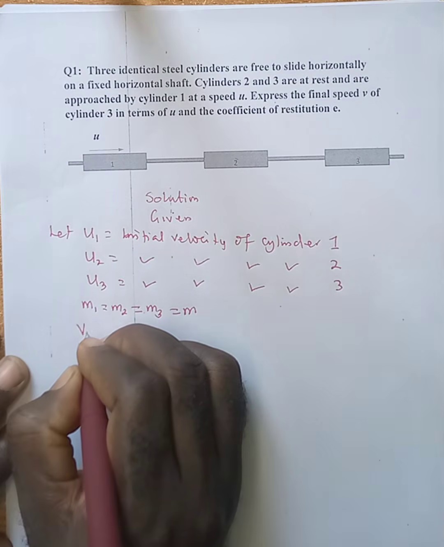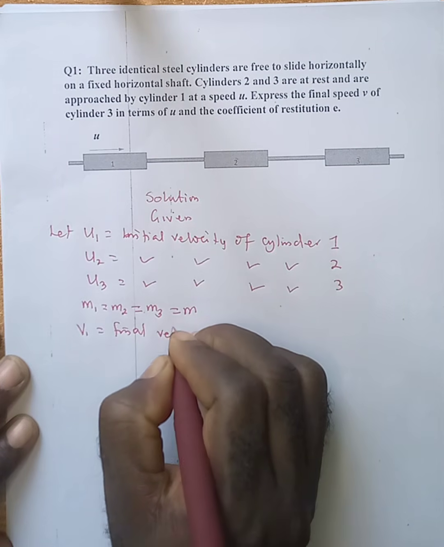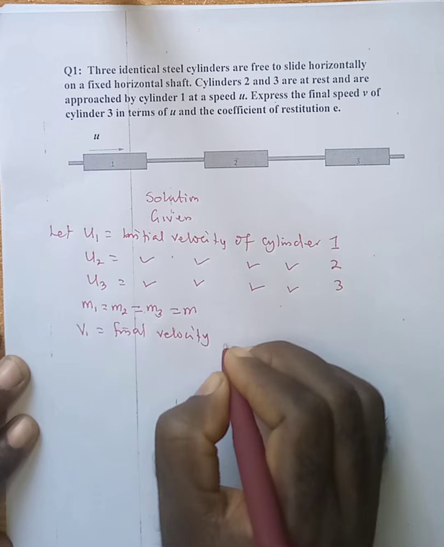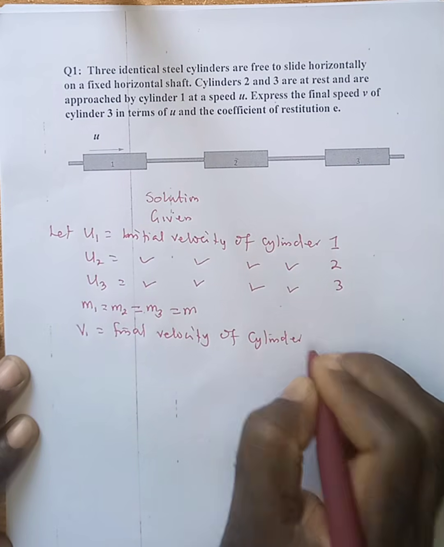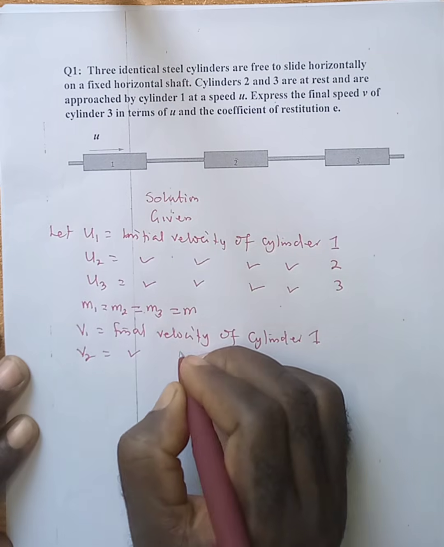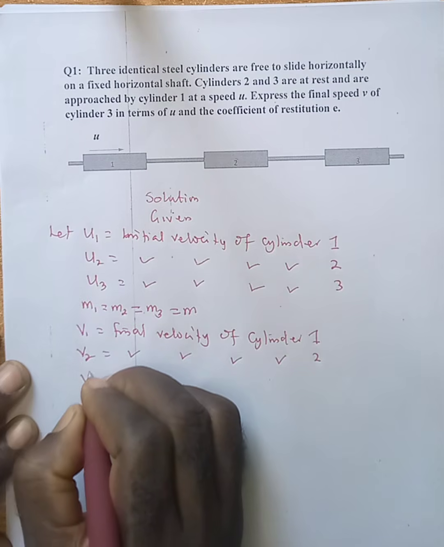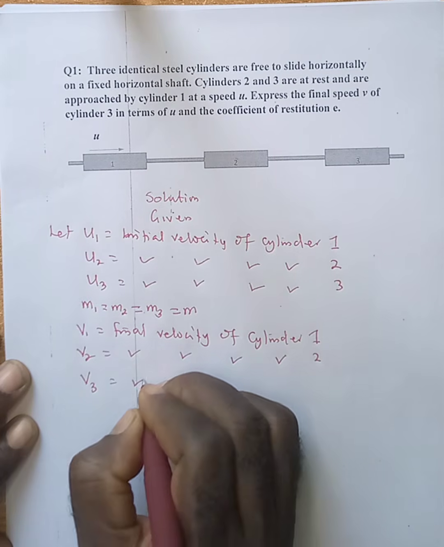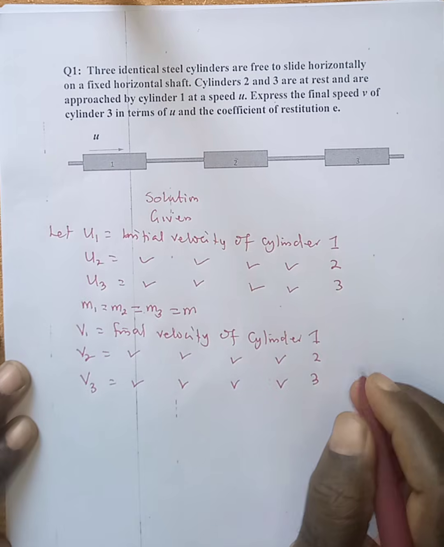Now, if we take v1 as the final velocity of cylinder 1, then v2 as the final velocity of cylinder 2, then v3 as the final velocity of cylinder 3.